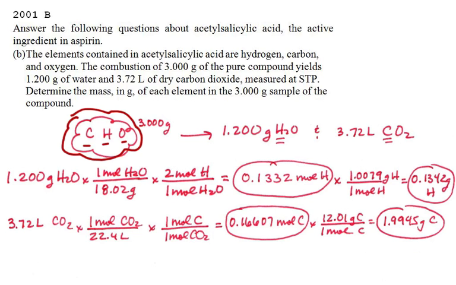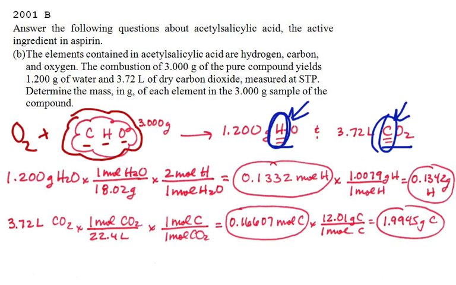When we work this by combustion, that means we are mixing our compound with oxygen to burn it, and then we're getting our water and CO2, but out of those, we can only depend on the amount of hydrogen in the water and the amount of carbon in the CO2.